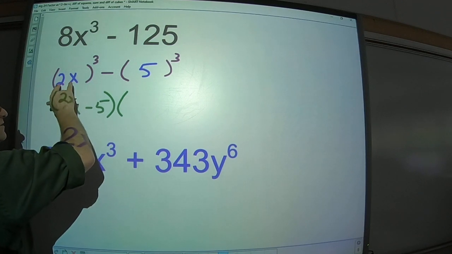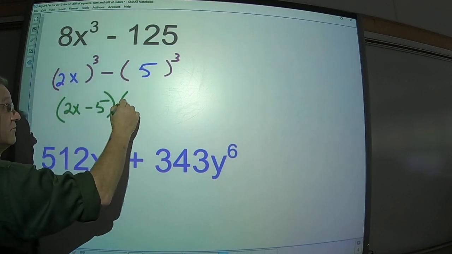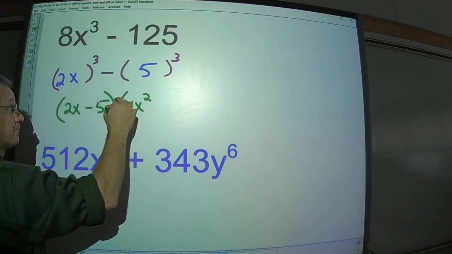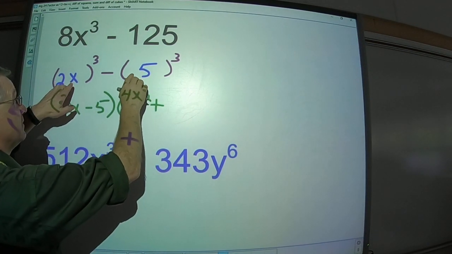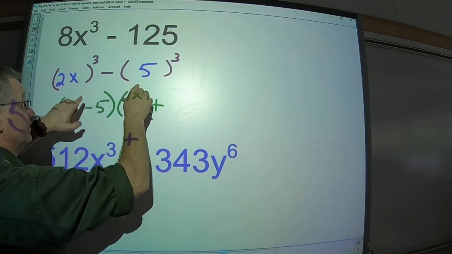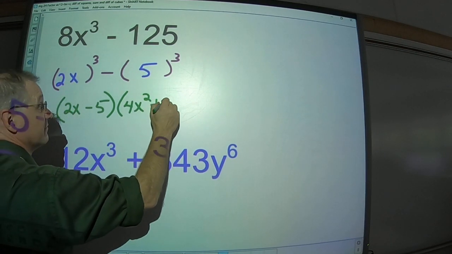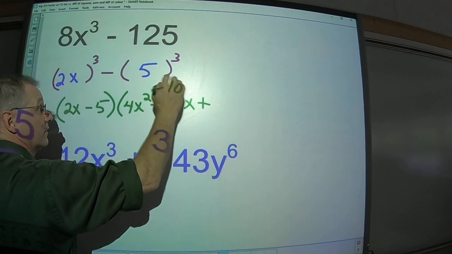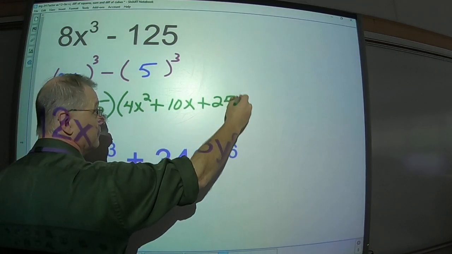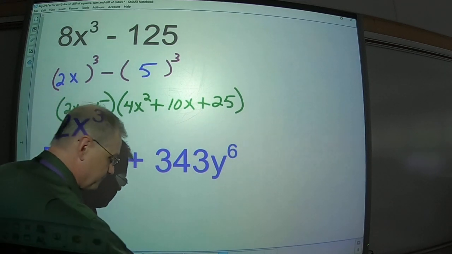Then I do a squared, so 2x times 2x, 4x squared, plus a times b. Notice this part's not included down here. 2x times 5, 10x, plus b squared, 5 squared, 25. And there you have it.